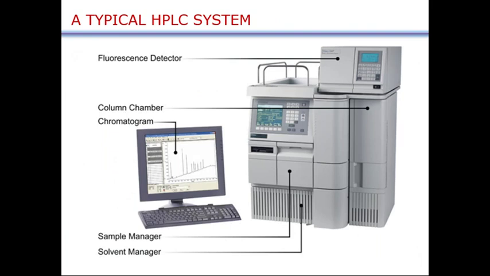So here you have all the parts of the equipment put into a compact instrument, and you have the computer through which you can look and control the complete operation of the system, even the injection. There is no manual intervention other than filling the solvents or changing the columns.